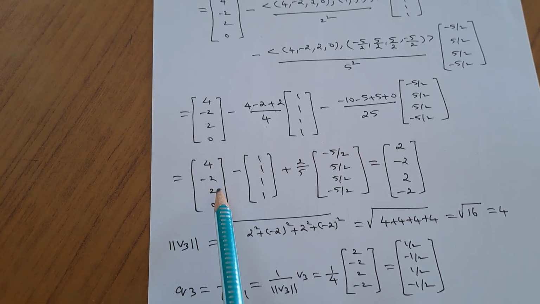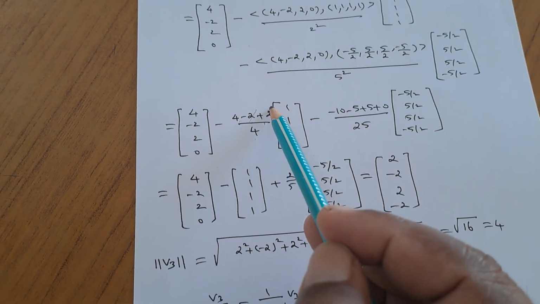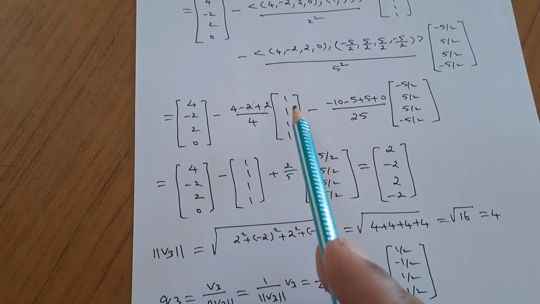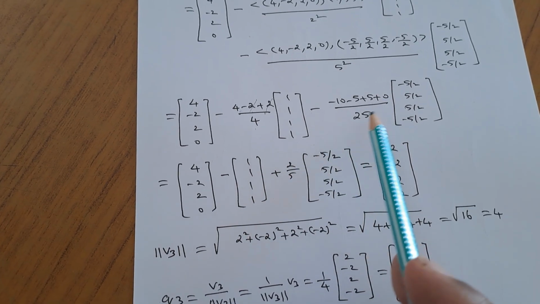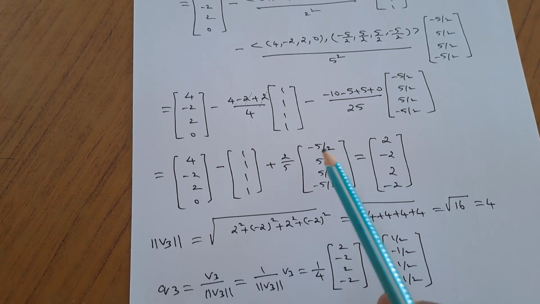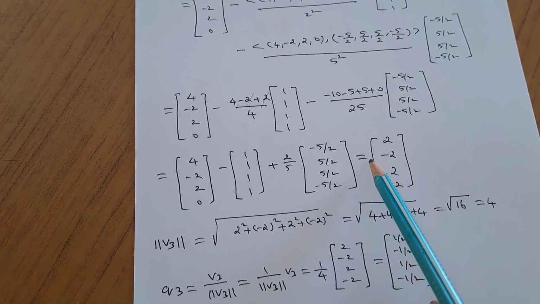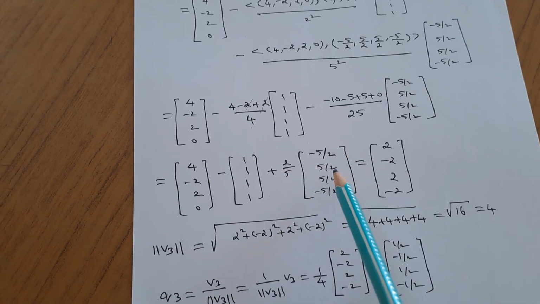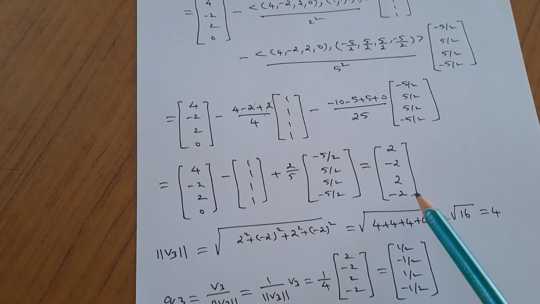That is equal to 4, minus 2, 2, 0, minus, see here, minus 2 plus 2 cancelled, you get 4 by 4 which is 1. So there is 1, 1, 1, 1 plus, minus of this one, you get 2 by 5, into minus 5 by 2, 5 by 2, 5 by 2, minus 5 by 2. Adding these three using your calculator, you get 2, minus 2, 2, minus 2.